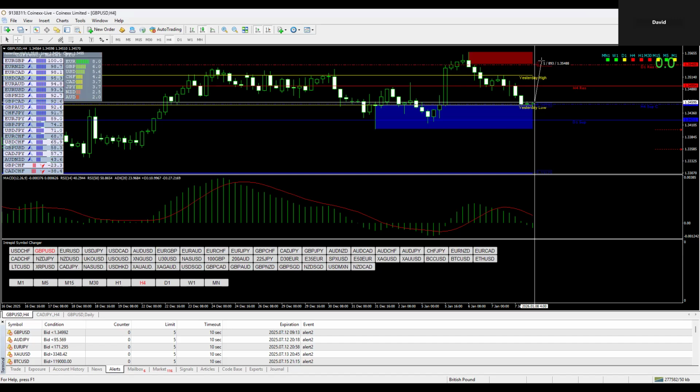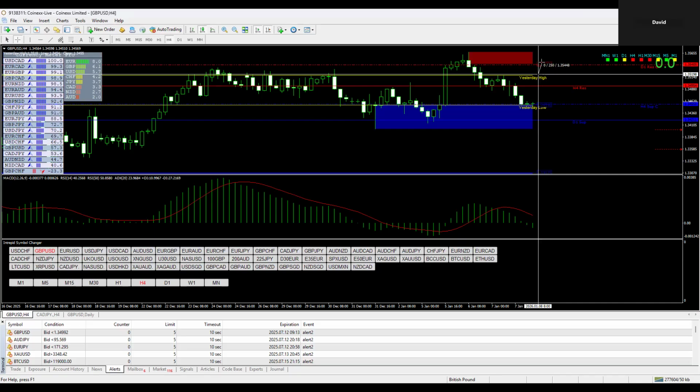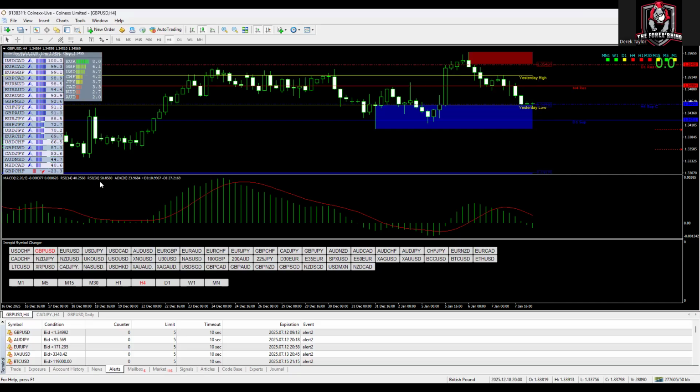If you don't recognize that price is overperforming at this point, I need that RSI to be 60 plus. And what does the RSI do? It measures overperformance in price. So if price is coming up here and it goes past here, but this is only at 53, it's telling me that it's trying to go the other way.